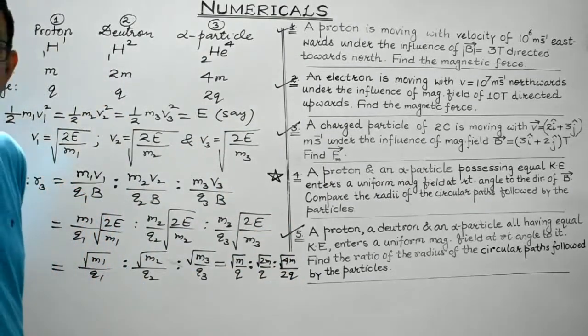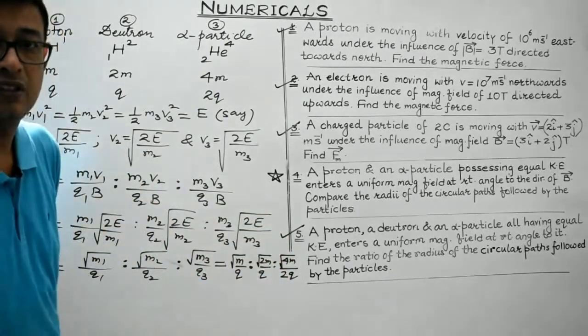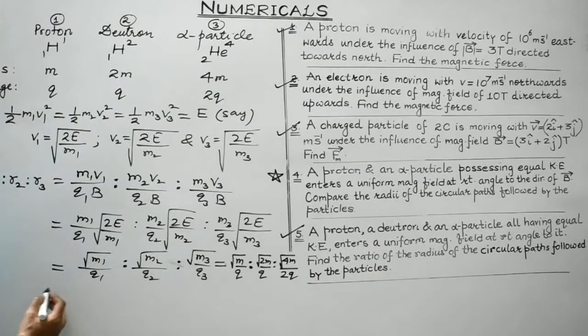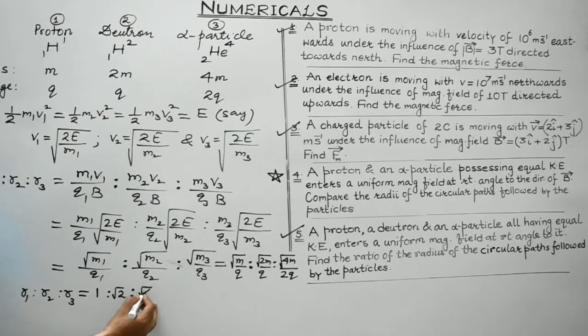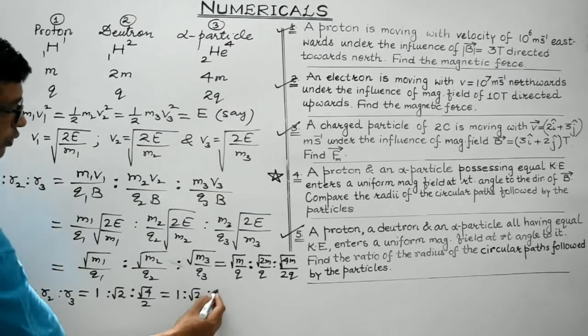Right, students? So root m by q is common. What we are left with here is R1 is to R2 is to R3, which will give us 1 is to root 2 is to root 4 by 2. That in turn will give us 1 is to root 2 is to 1.